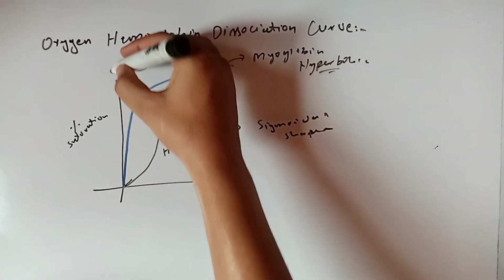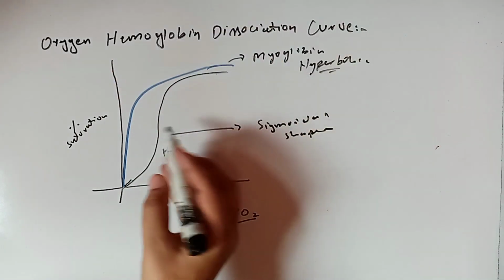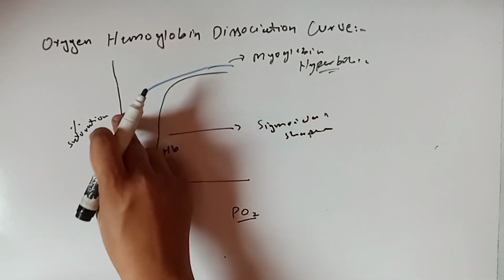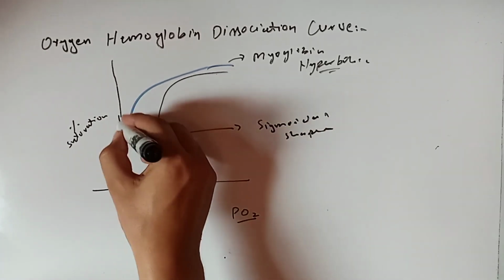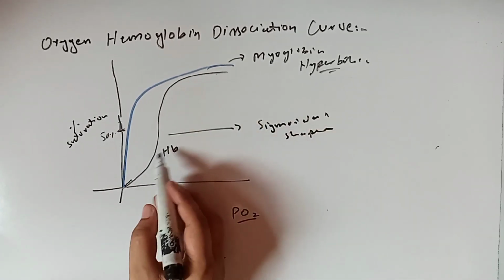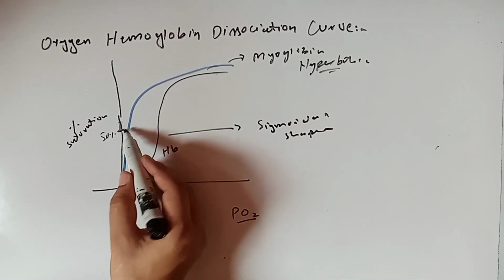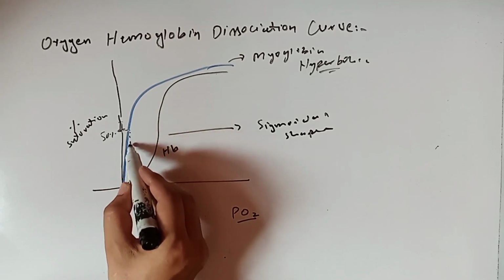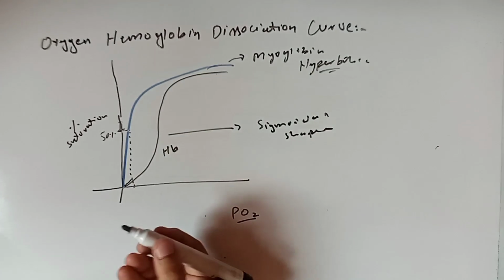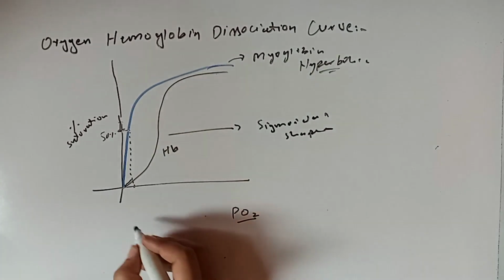This is the percentage saturation, and here comes the 50% saturation. 50% saturation of myoglobin is achieved at a very low partial pressure of oxygen, usually about 1 millimeter of Hg.